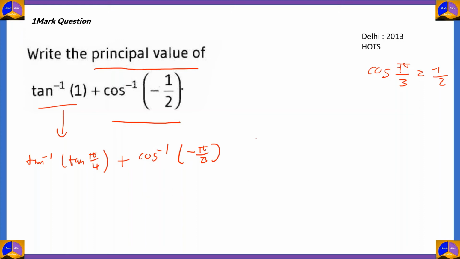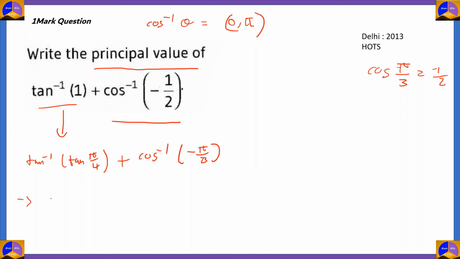So over here, we have a dilemma because the range of the cos inverse function is 0 to pi. And if you look, minus pi by 3 is less than 0. We need to convert it into a value that is between 0 and pi. And that can be achieved by converting this into pi minus pi by 3.